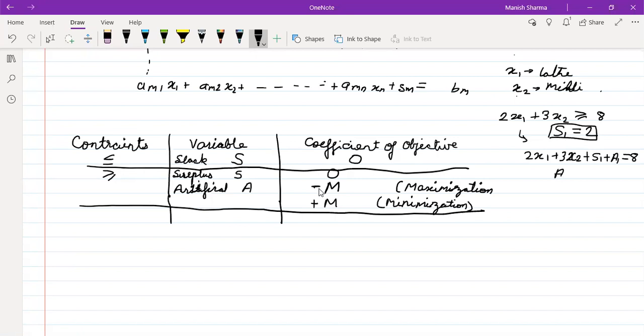Now what does this artificial variable indicate? Artificial variable indicates that if there's any chance by which this s1 becomes 0, then the overutilization will be kept into the artificial variable.